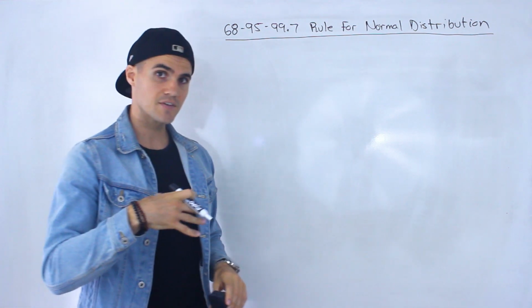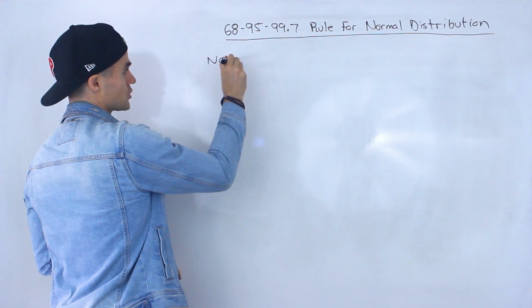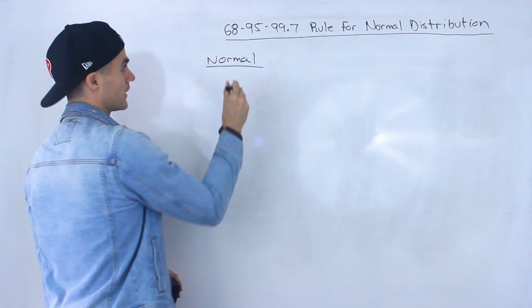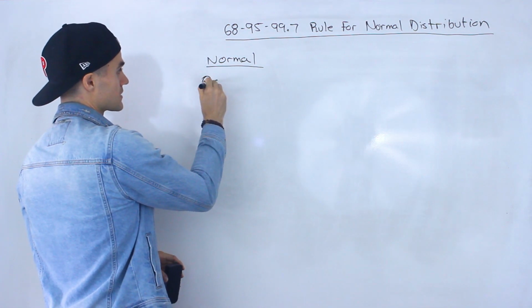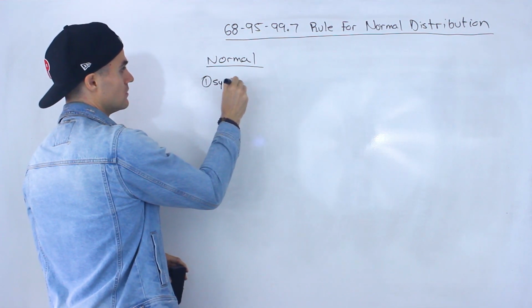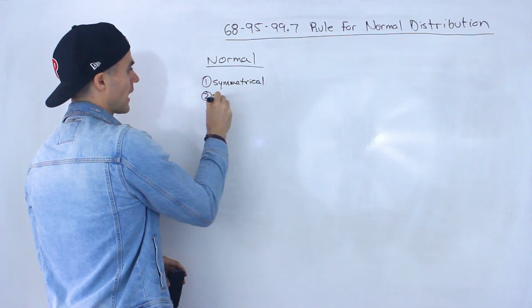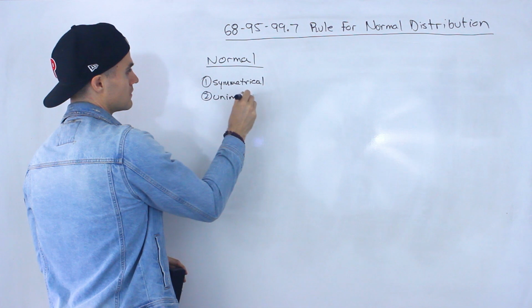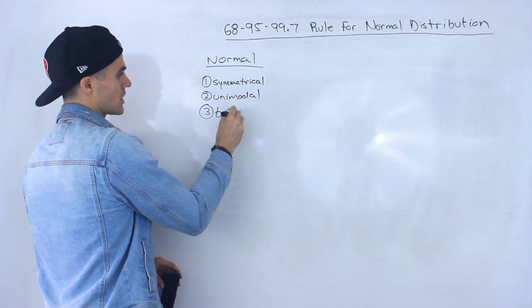Now in the previous video, we talked about how a normal distribution is basically a density curve that has three characteristics. It is symmetrical, it is unimodal, or it has a single peak, and it is bell-shaped.